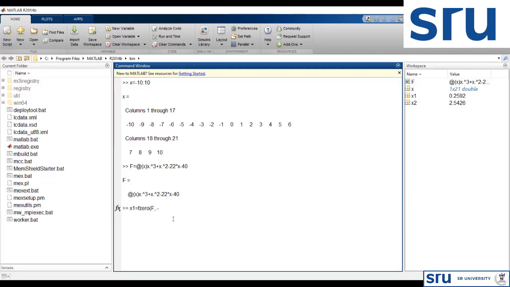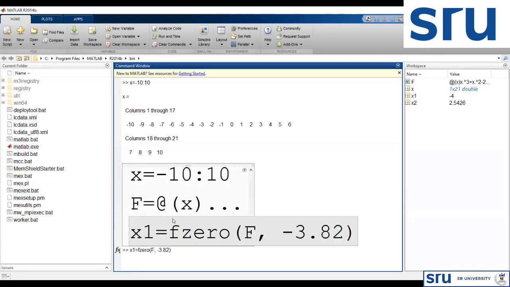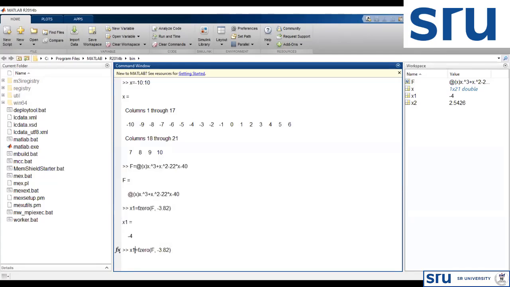I will take minus 3.82. I'm taking any initial guess value, and you will get the exact root. Similarly for x2 you have to find x2. I will change x1 to x2, and then you have to take minus 2. Okay, so you can get another value.